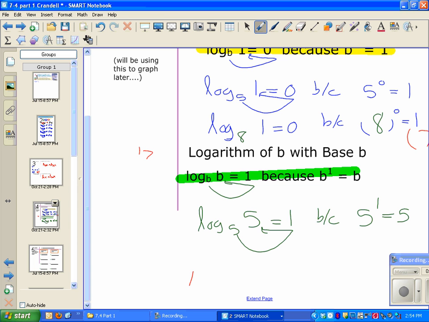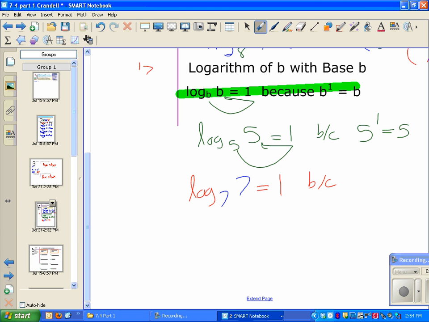If I had log base 7 of 7, that equals 1 because 7 to the first power equals 7.